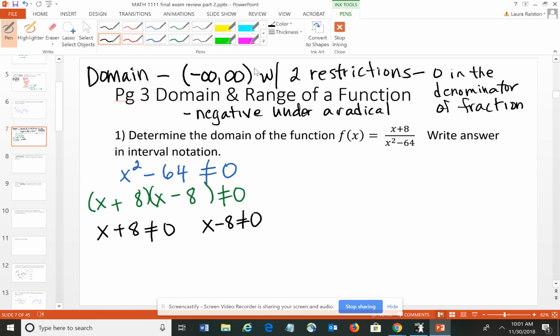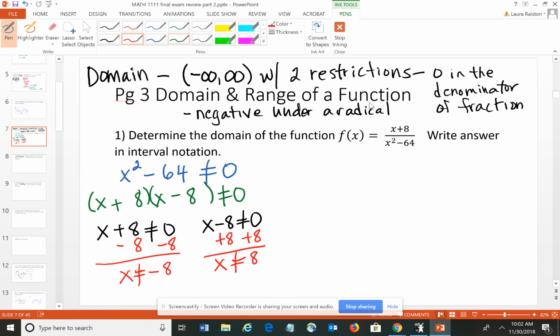Then I want to solve each one of those respectively for x. So first I'm going to subtract 8 from either side. So I have x does not equal negative 8. We can't use that value. Then we add 8 to either side as well. And so x cannot equal 8.